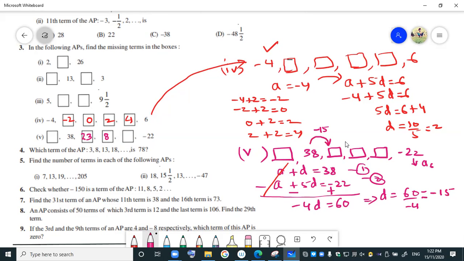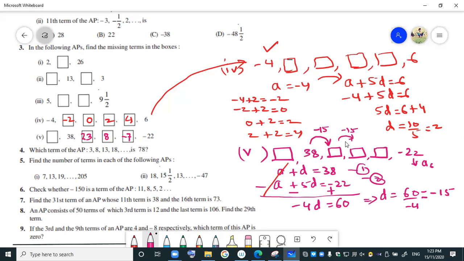Got it? -15, then again -15. But when you are going back, you are adding. So 8 minus 15 is -7.